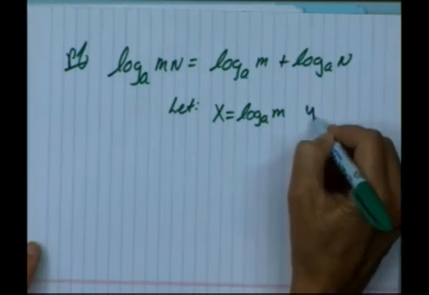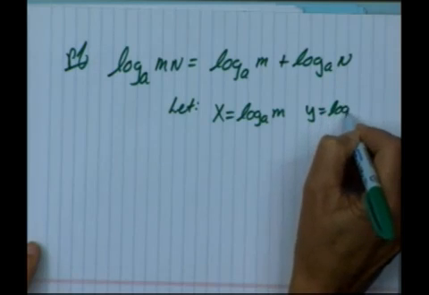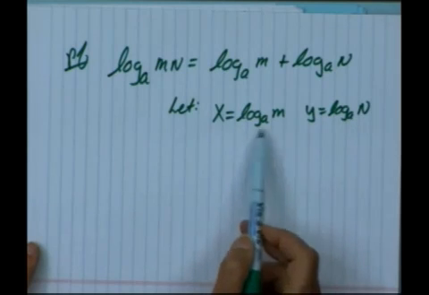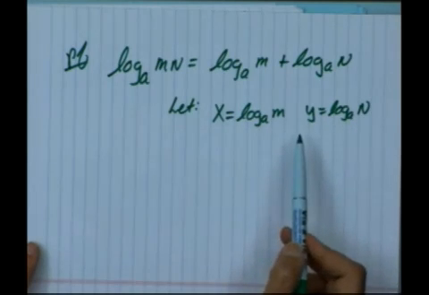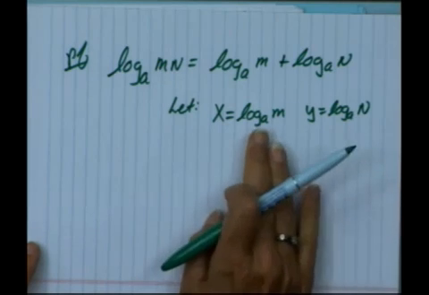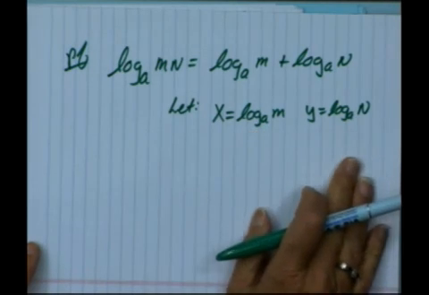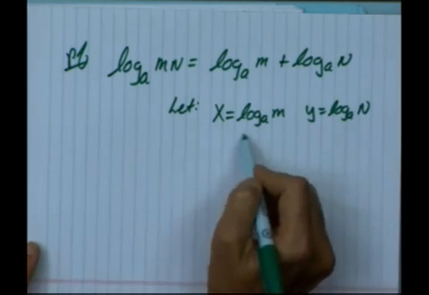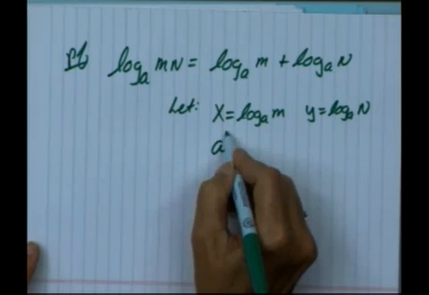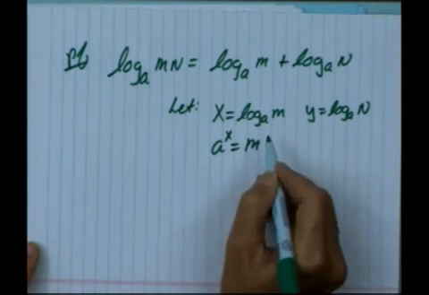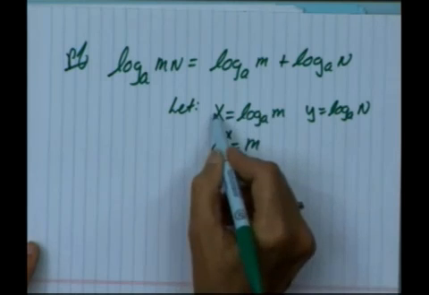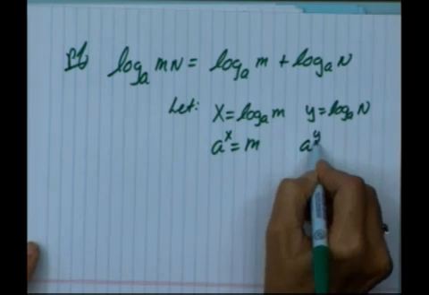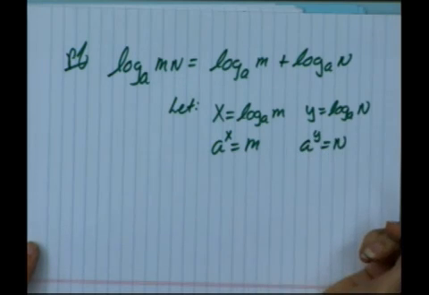And I'm just going to pick y to be log to the base a of n. All right, so we don't really know how to work with logarithms at this point, but if this is a log equation, I know how to switch it to exponential form. So I would have that a to the x would have to be m. Doesn't that make sense, switching it? And this would be a to the y is equal to n.